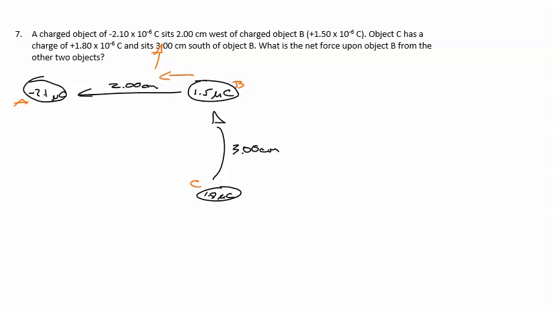Right, and so what we're going to do is find these two forces, call this force C, call this one force A, and it's going to make a new triangle that we're going to need to put together.